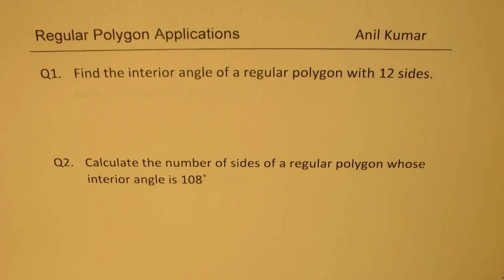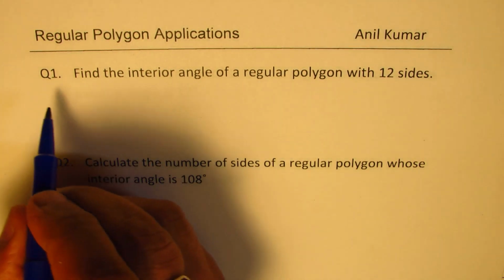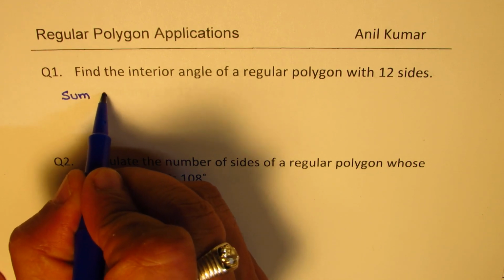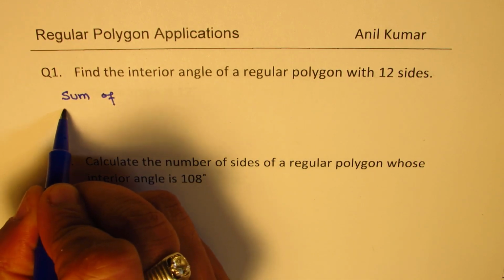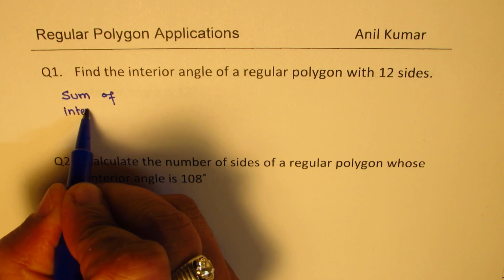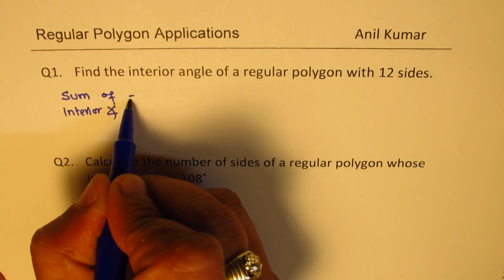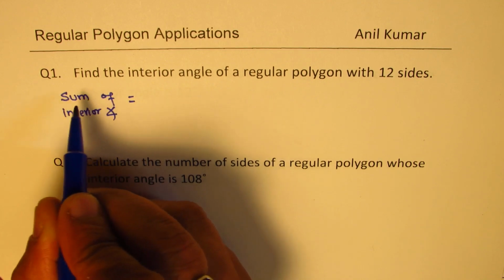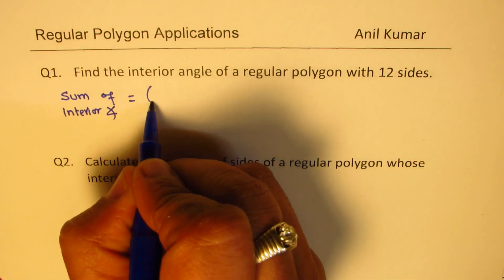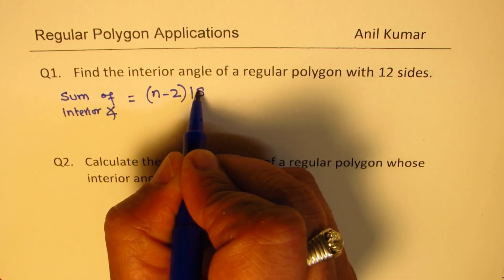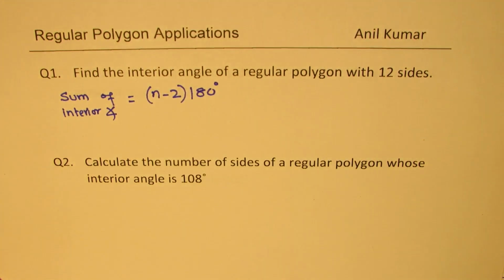Now you should understand that to find the interior angle of a regular polygon, we have a formula. And that formula relates to the sum of interior angles, right? So the sum of interior angles is equal to, not each angle, the sum of interior angles is (n minus 2) times 180 degrees, correct?